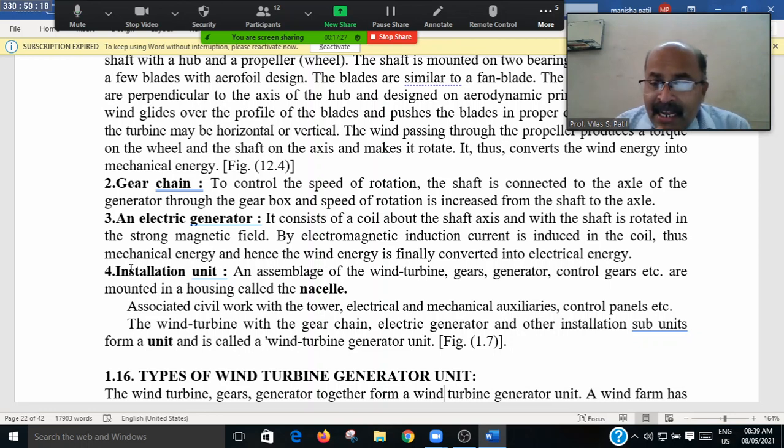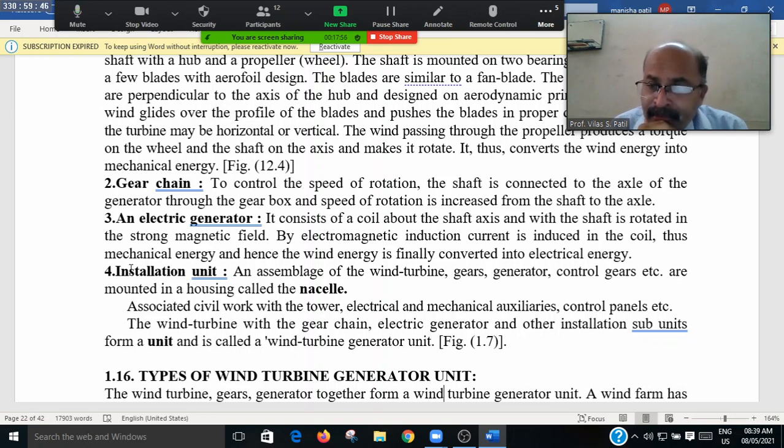And in that region, the axis is rotated at high speed, and due to the rotation of the axis, mechanical energy is converted into electrical energy. Here the wind is converted into mechanical energy in the form of rotation of the axis.